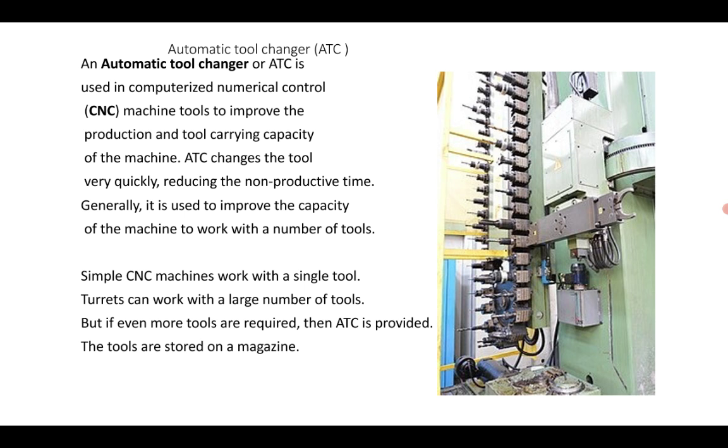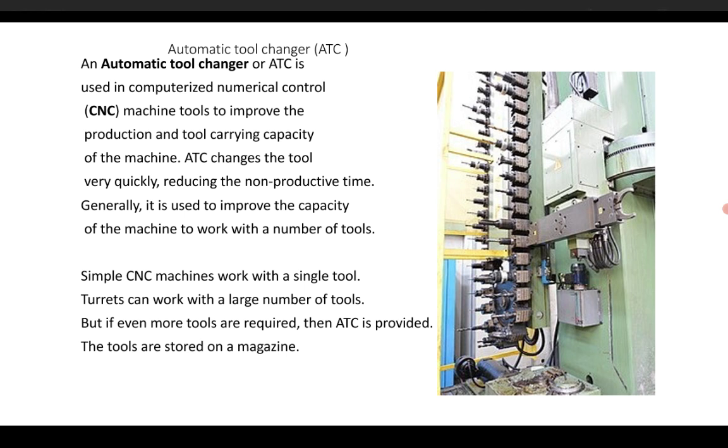A simple CNC machine works with a single tool, whereas a turret can work with a large number of tools. But even more than this, if it is required, then these automatic tool changers are provided, which are stored in the tool magazine.